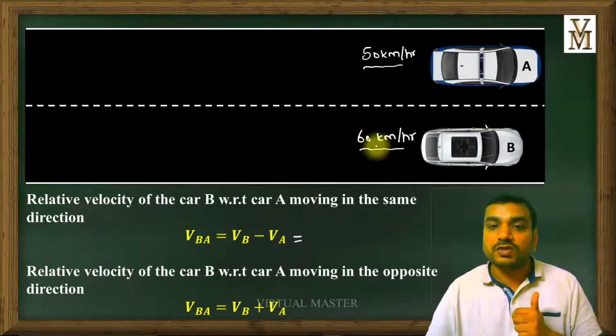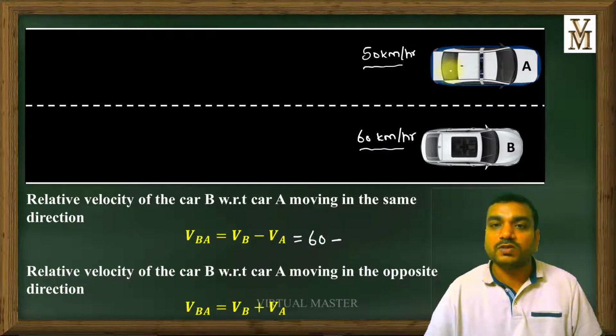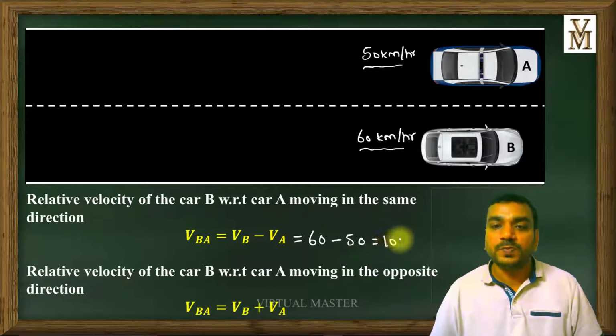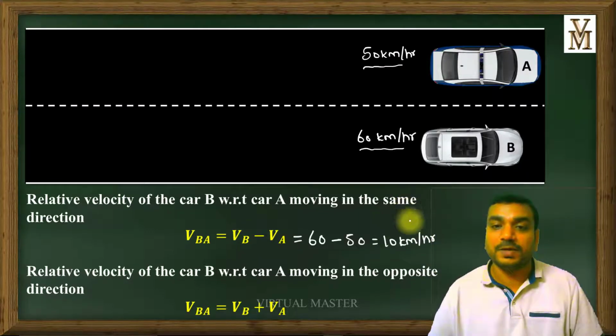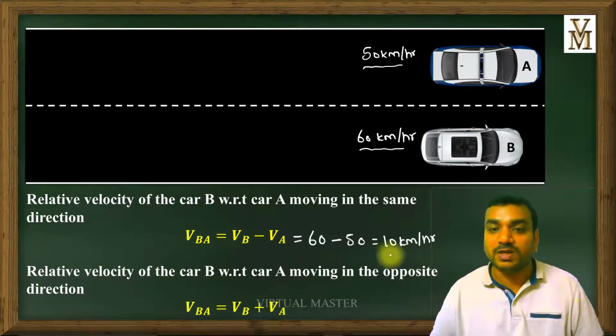And what is the velocity of car B? It is 60 km per hour. And what is the velocity of car A? It is 50 km per hour. And it will be equal to 10 km per hour. That is, the relative velocity of car B with respect to car A when car A and car B are moving in the same direction will be equal to 10 km per hour.